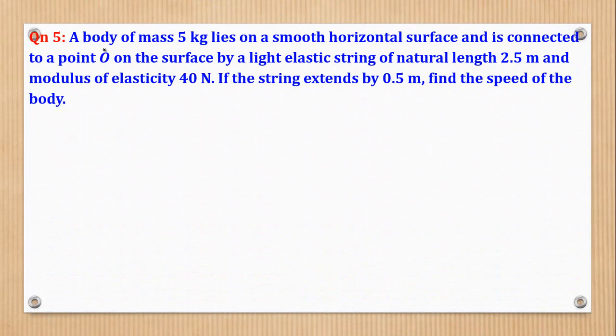Question 5. A body of mass 5 kilograms lies on a smooth horizontal surface and is connected to a point O on the surface by a light elastic string of natural length 2.5 meters and modulus of elasticity 40 newtons. If the string extends by this, so this will be the extension, find the speed of the body.